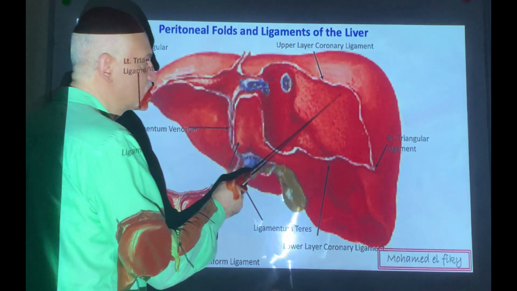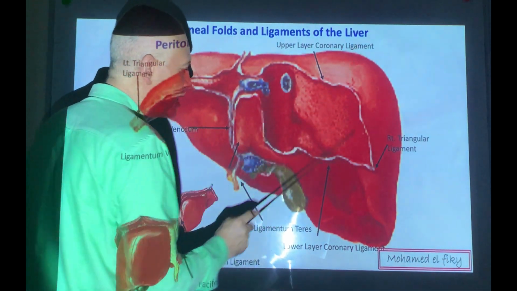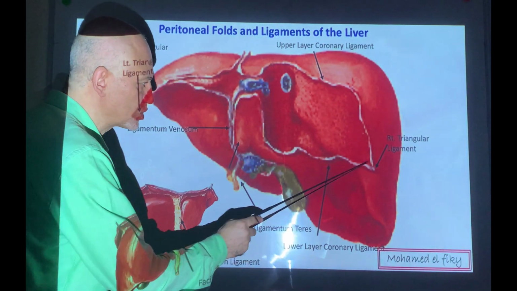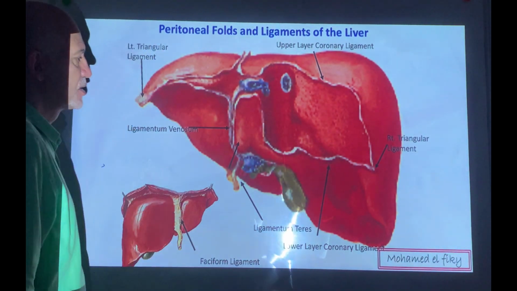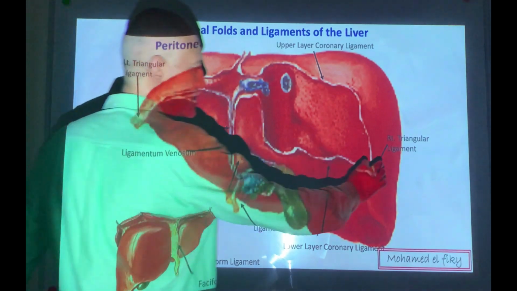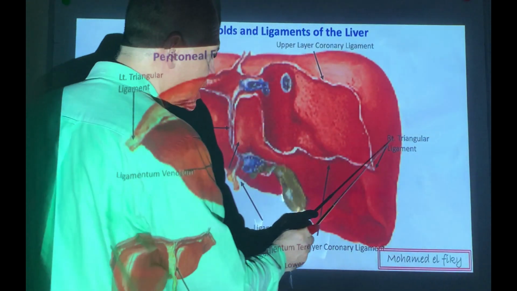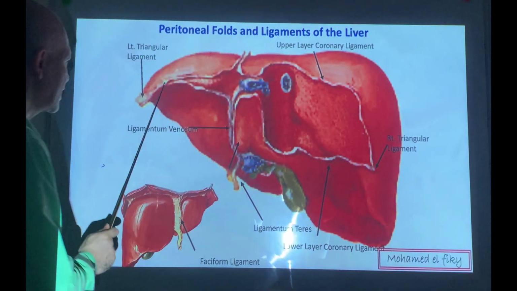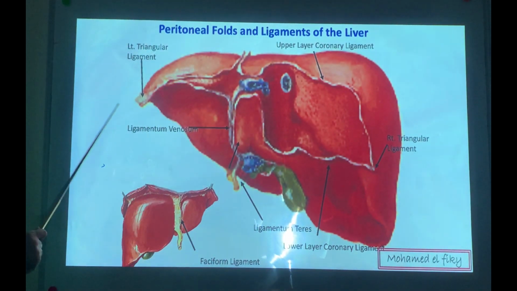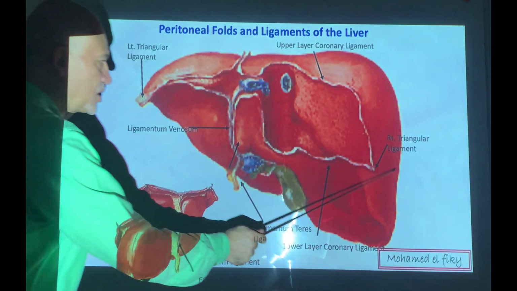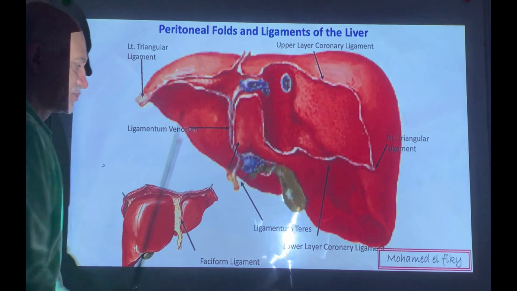This is the upper layer of the coronary ligament, and this is the lower layer. From this side, an extension of the peritoneum forms the right triangular ligament, and an extension to this side forms the left triangular ligament. Left triangular, right triangular, upper coronary, lower coronary.